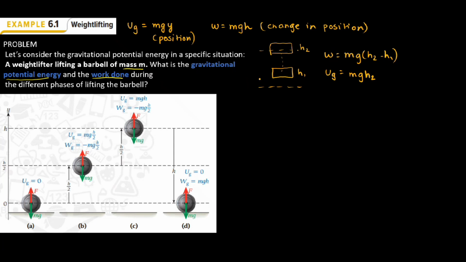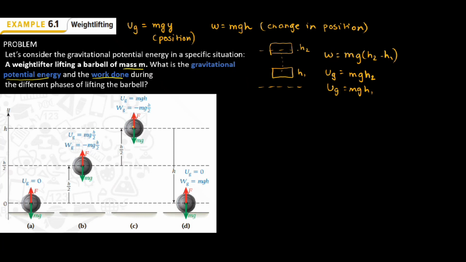So potential energy at h1 is mgh1, and at h2 it is mgh2. Whereas work done depends on the initial and final position. When you're moving from one point to another, you take the difference in height between those two points.